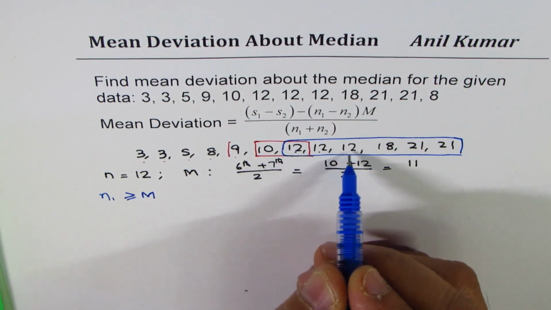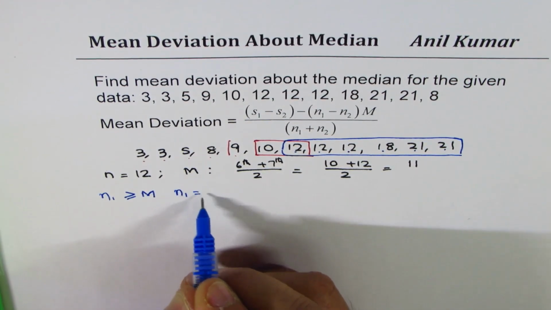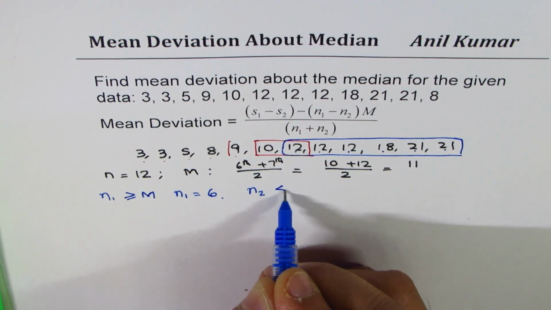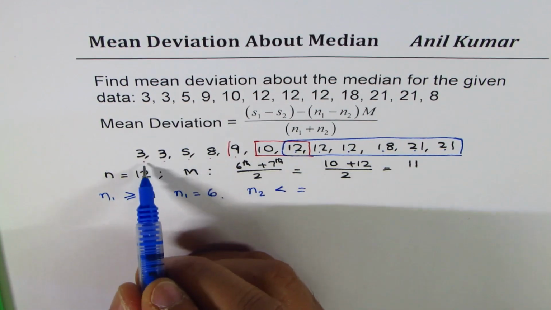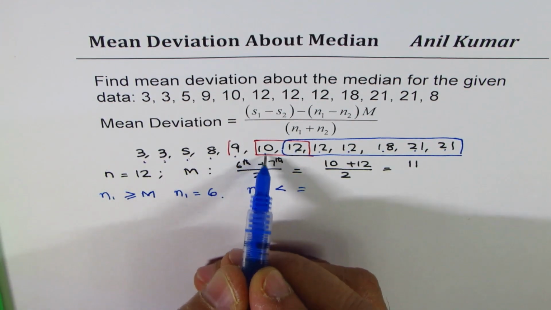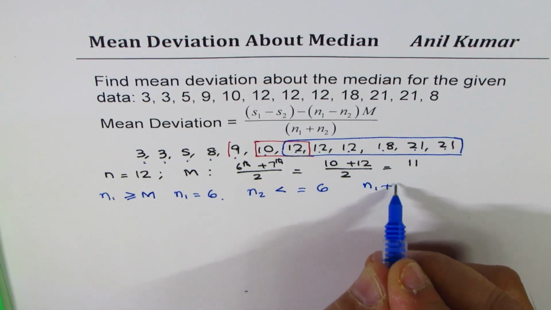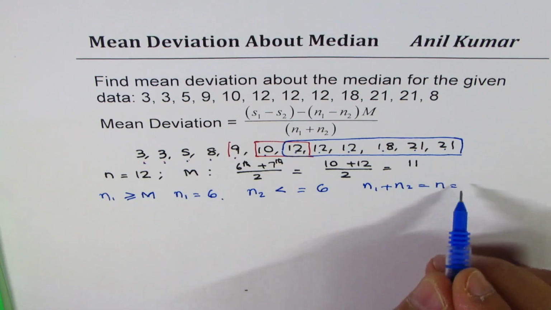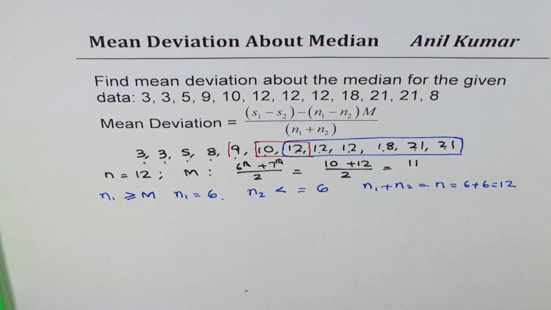Let's count: 1, 2, 3, 4, 5, 6. So N1 is equal to 6. N2 is the number of items for which the value is less than 11. So that is 1, 2, 3, 4, 5, 6. And you know, N1 plus N2 will always be N, which is 6 plus 6 equals 12. So it's kind of a check also, right?